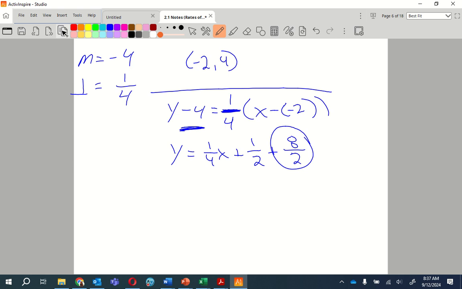But why did I write it as 8/2? Because I'm going to have to add it to this 1/2. So save yourself some effort. If you already know you have to add it as a fraction, just turn it into a fraction right there. Fractions are your friends, not food.